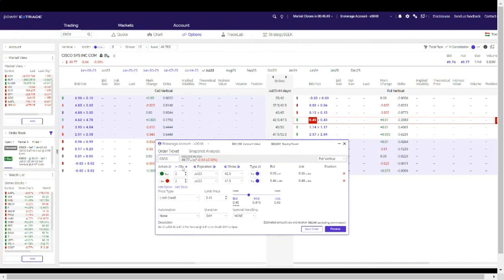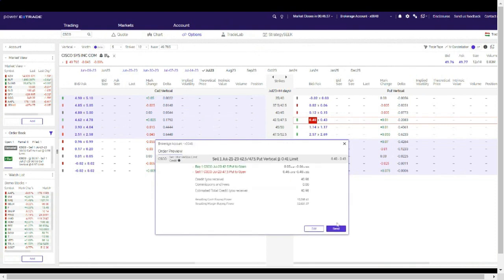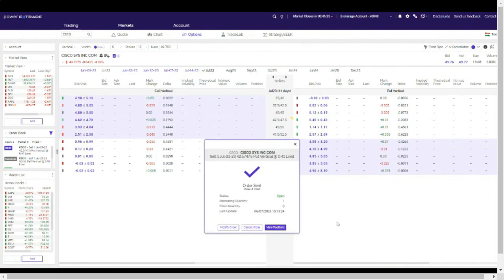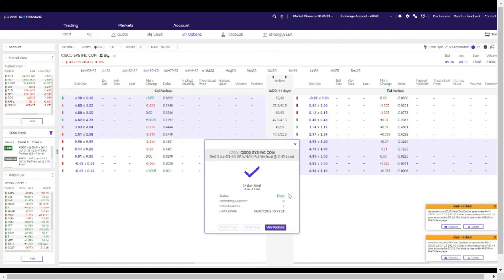Now, when I do a spread trade, my defaults are 2 contracts. So if I don't want 2 contracts, I do want to update that and make it just 1 contract. And let's just go ahead and send that in. And you can see in 3 clicks, I put it in, and lo and behold, I'm filled on that now.